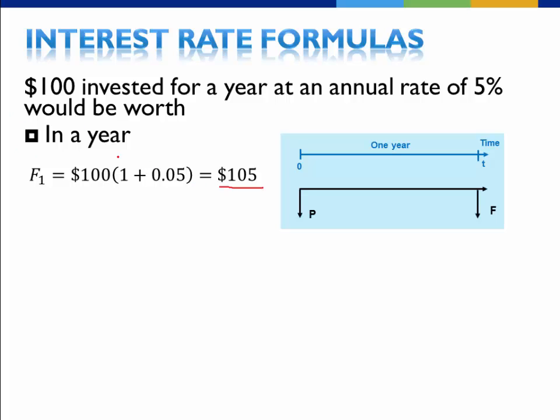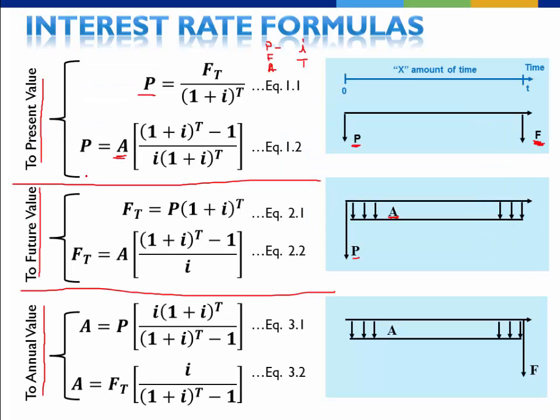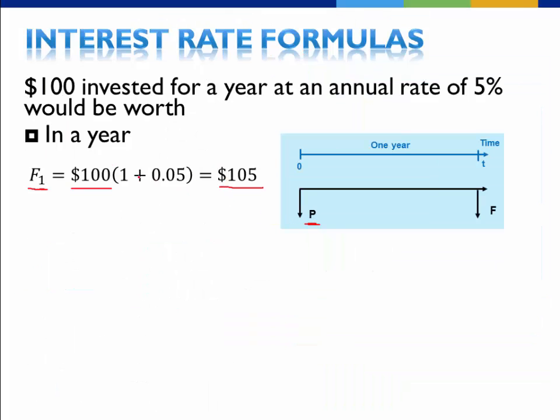We can rewrite this by saying that in the future, by the end of year 1, that's why it's in the future, I'm going to be planning on the $100 that I'm actually investing today. What will be the future value of these $100? Well, what we're using is this equation. Basically what we're doing is 1 plus the interest rate.